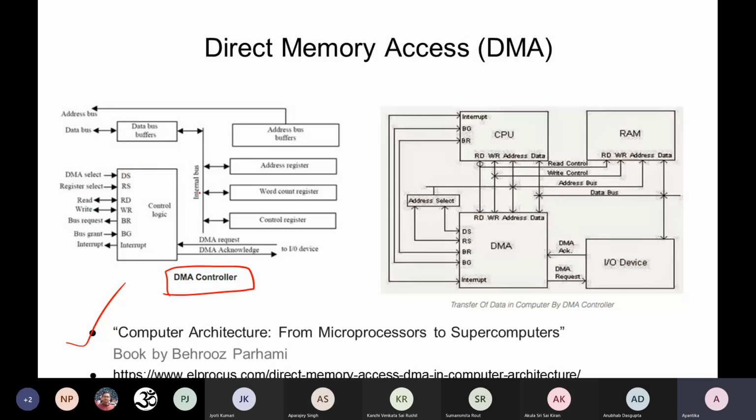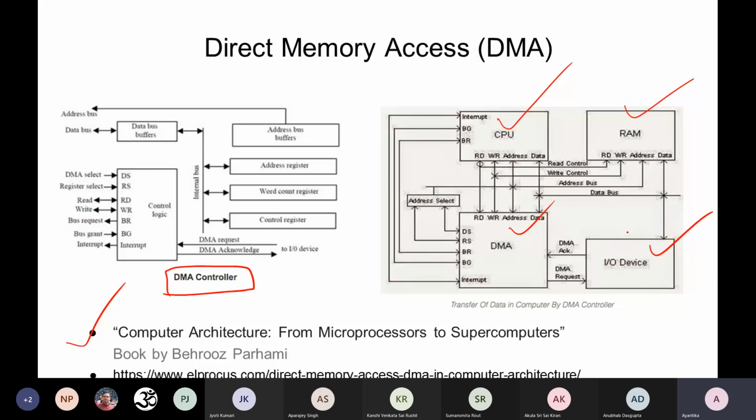Tally this left side diagram with the right side one. You can see here you have this CPU, you have this DMA, you have this RAM and this IO device. Okay. So first, as we mentioned, this IO device will request, that there is a request coming from IO device. And there will be some acknowledgement of that request.